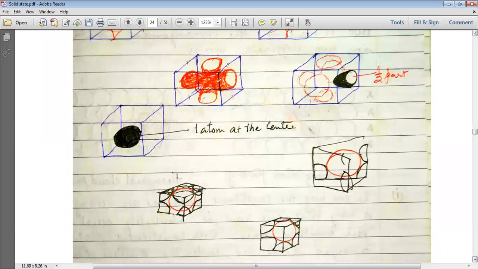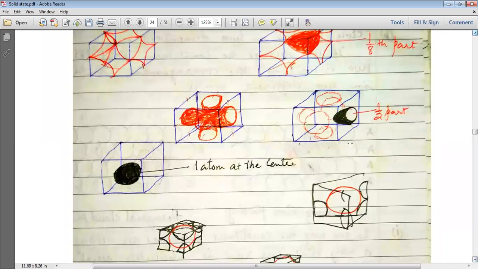Yes, now you can look into this figure. So you can see that, my dear students, this is 1, 2, 3, 4, 5, and 1 is at the back. This is 6. So these are the 6 particles present in each unit cell apart from the corners.